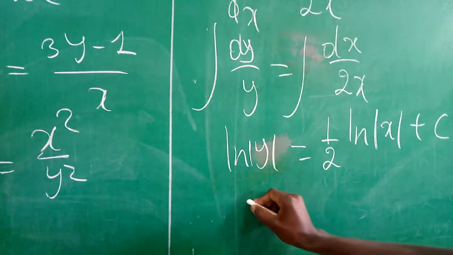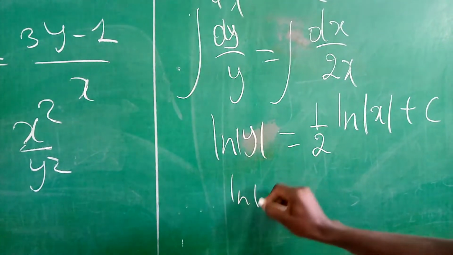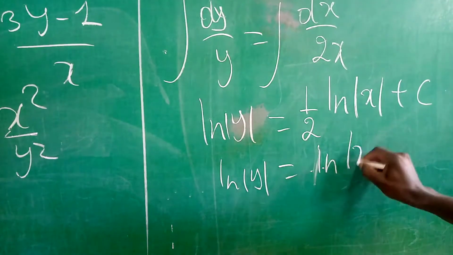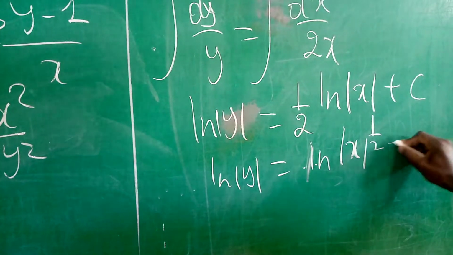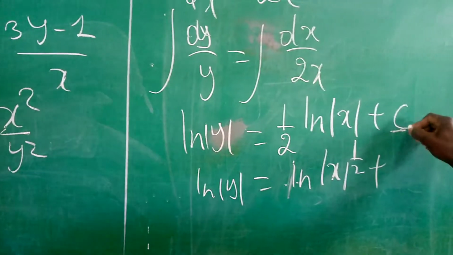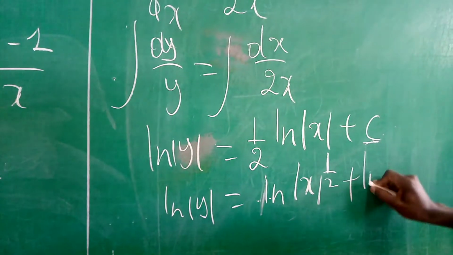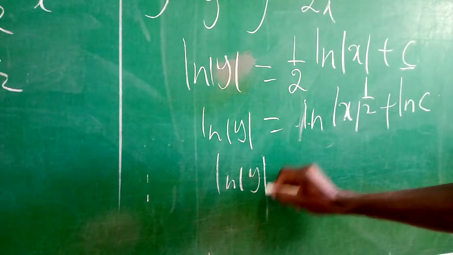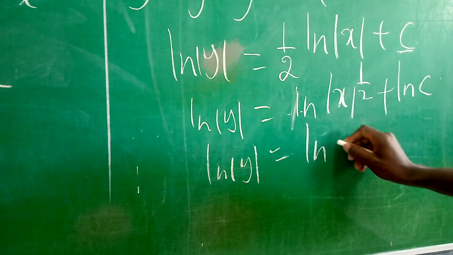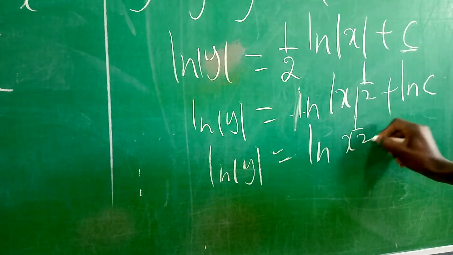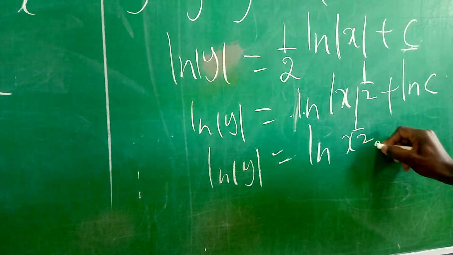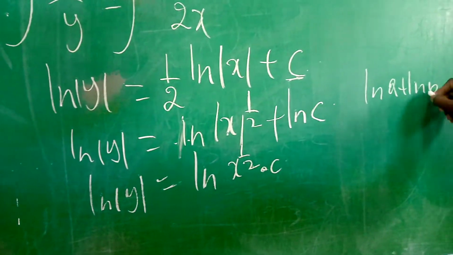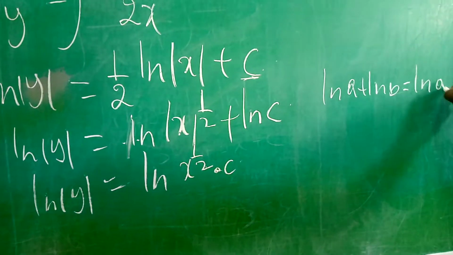Then we get ln y equal to ln x to the power 1 over 2 plus, and here we can put ln c in order to use a good property, so that we get ln y equal to ln of x to the power 1 over 2 times c, because ln a plus ln b is equal to ln of a times b.